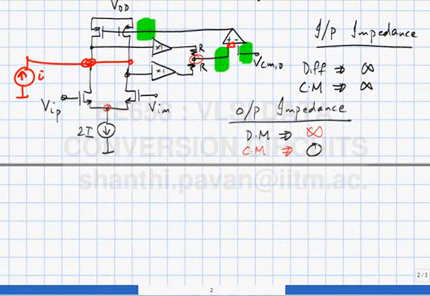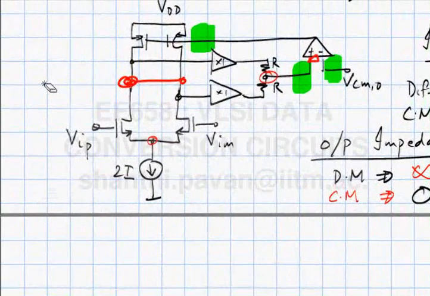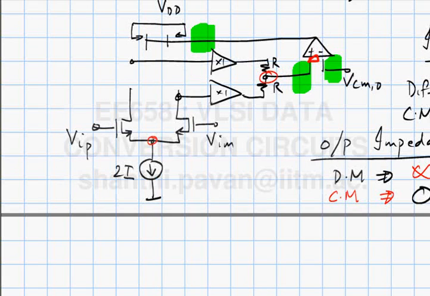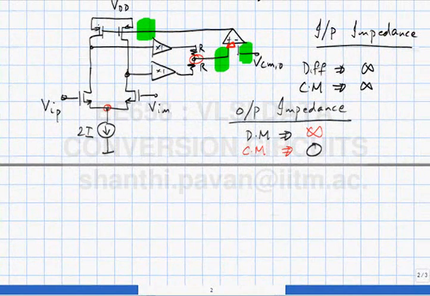So you can see, not surprisingly perhaps, that this reiterates the fact that it is possible to have very, very different impedances for common mode and differential mode signals. Here you can see the situation where the differential mode impedance is infinite.